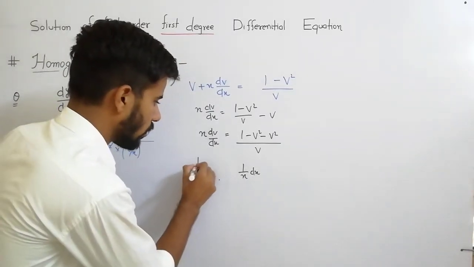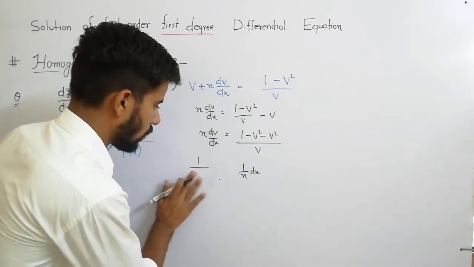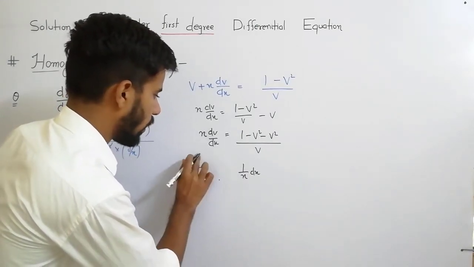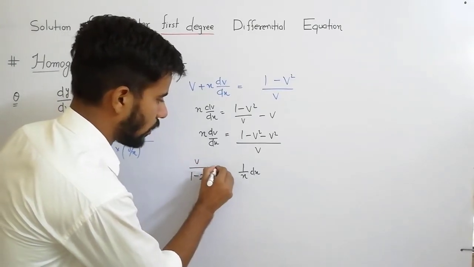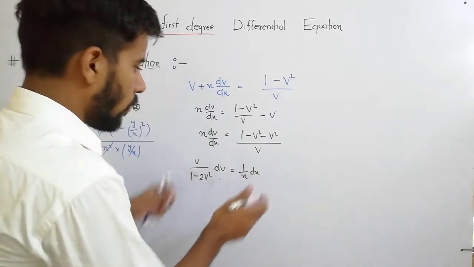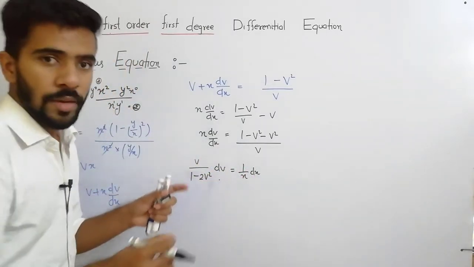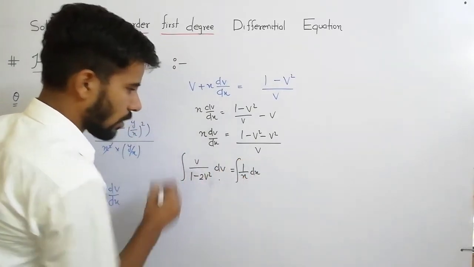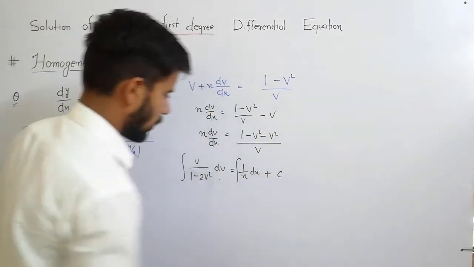Now these are in variable separable form, so integrate both sides, and the constant is c.